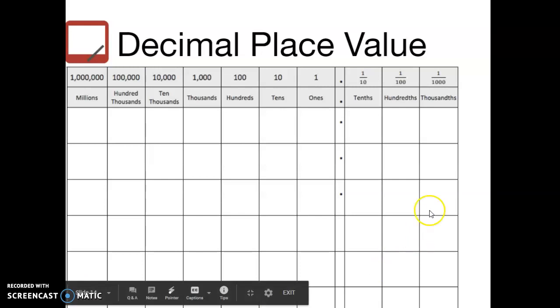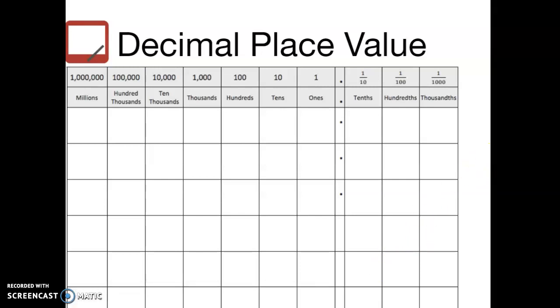So you might notice there is a similarity in the names of these and these on the other side. The biggest difference is these are part of a whole, and we'll go into more understanding later. Those are fractions, so these are fraction numbers. And these are all wholes, right?